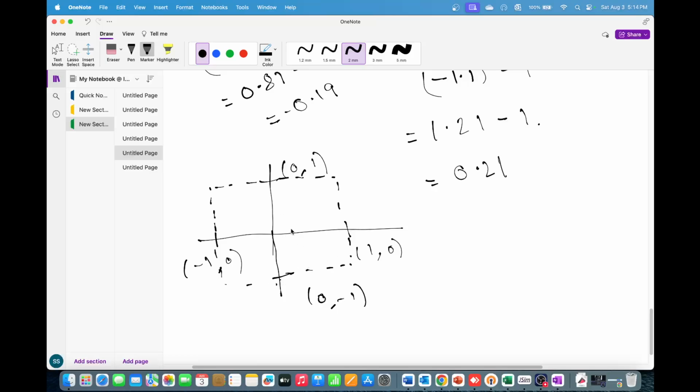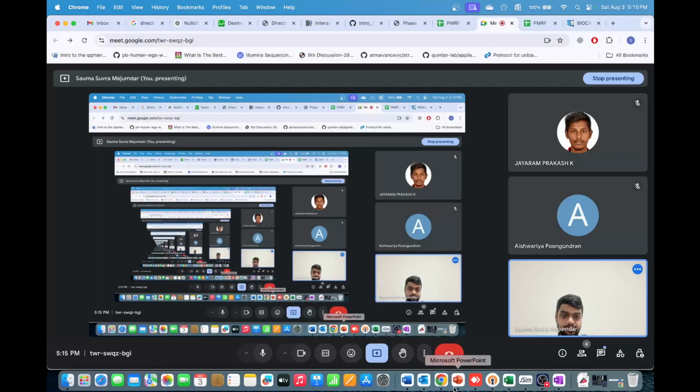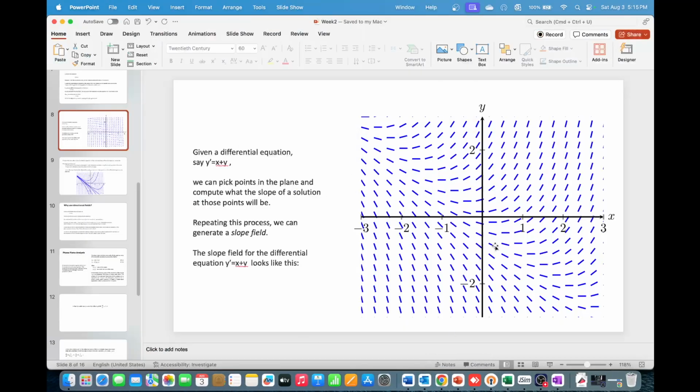So what you will do is you'll chop it up into small points like this, and you will calculate direction fields, basically the slopes, if it is positive or negative, and put it accordingly here. Say for example it is here, another slope will be something like this. So at every point you can calculate slopes like this, and you can put in arrows. So that is what will get you a direction field like this.